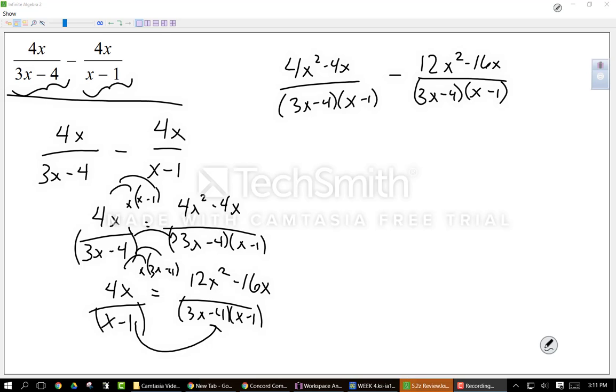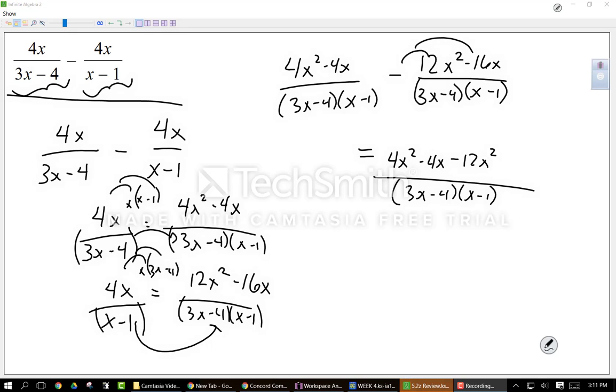So I know my answer is going to have the common denominator again in the bottom: 3x minus 4 times x minus 1. And then up top, I get 4x squared minus 4x.